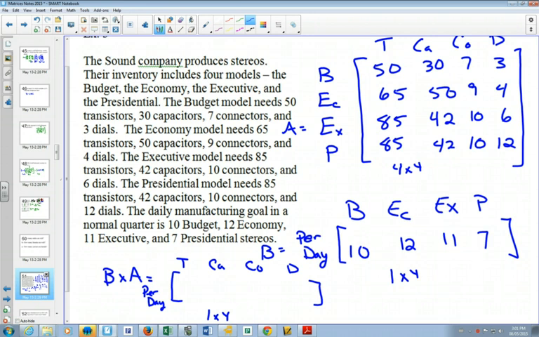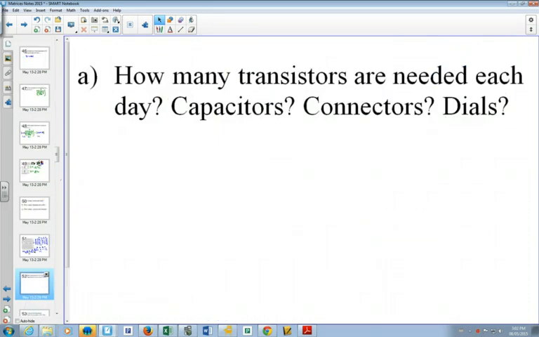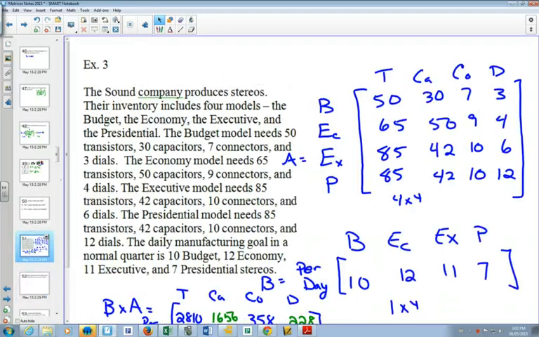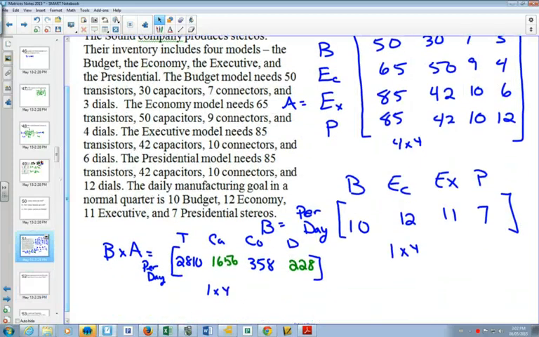So again, type that into your calculator and push enter, and we'll get the numbers written down. When we multiply them together, we are basically solving part A. How many transistors are needed each day? Capacitors, connectors, dials. And when we multiply B times A, that's what we get.